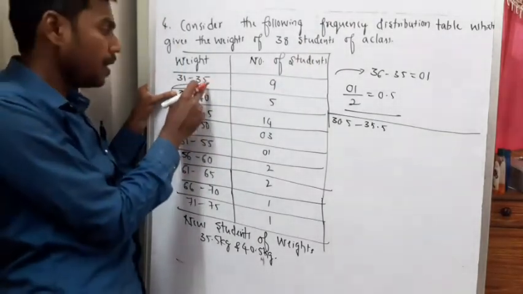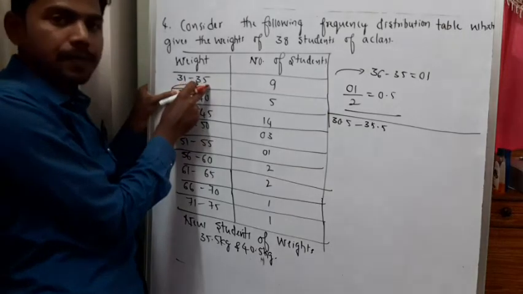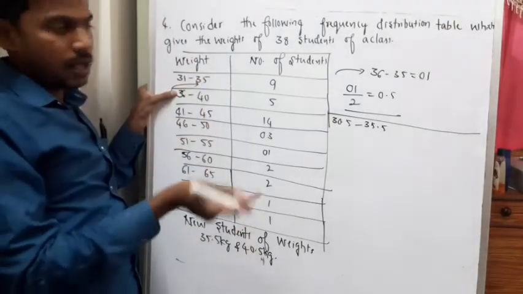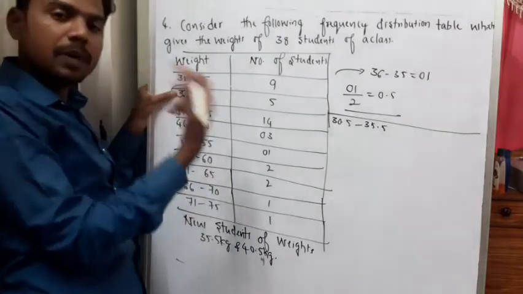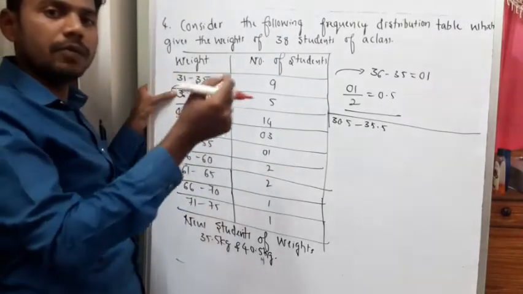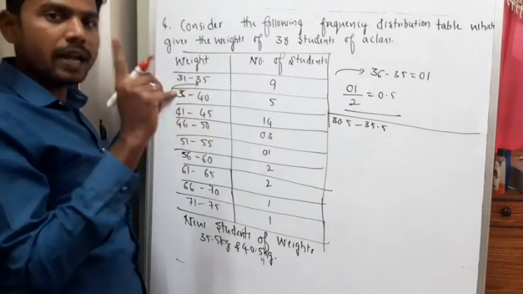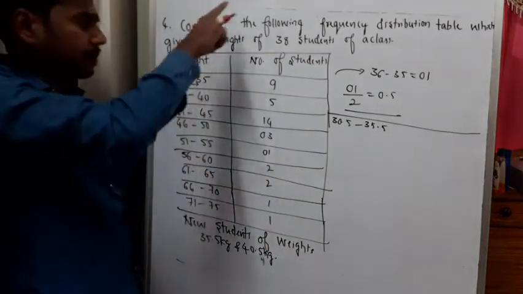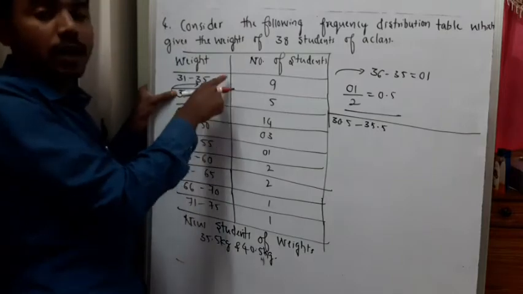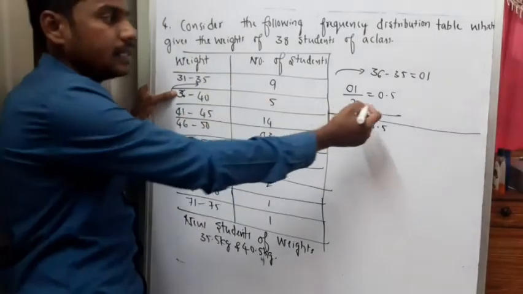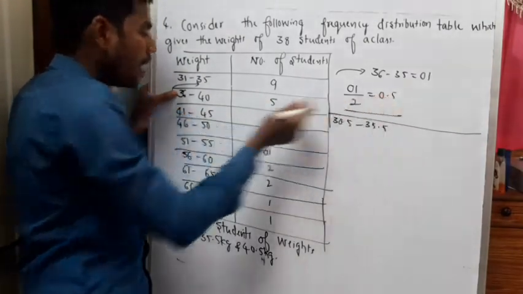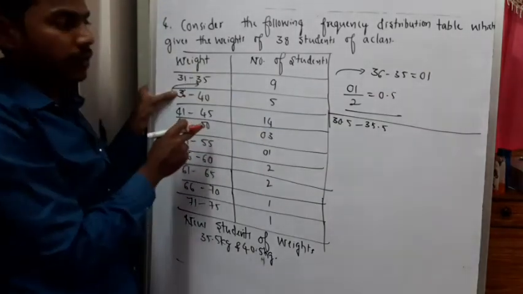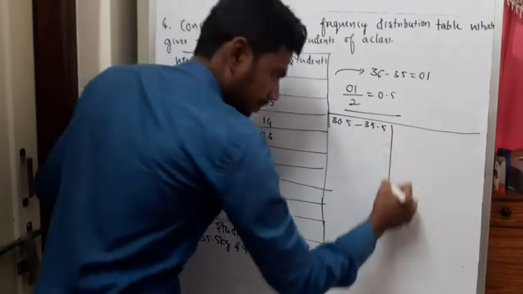If the gap is 2, you divide it by 2, you get 1, and you subtract 1 from the lower limit and add 1 to the upper limit. Here, half of it is 0.5. That is what I am doing now.